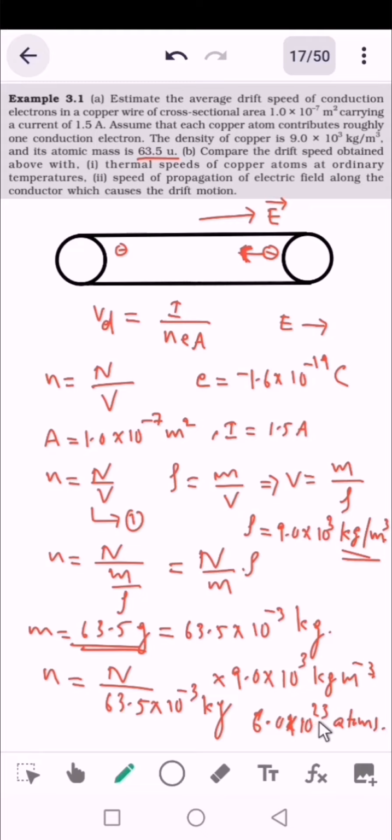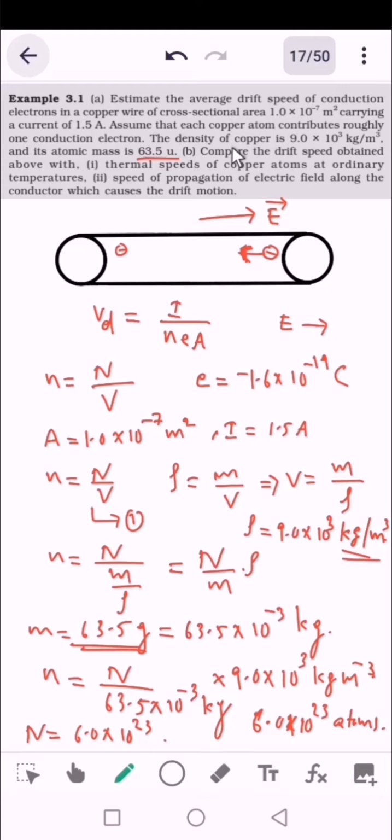So 1 atom will contribute 1 electron, which is the charge carrier here. So how many charge carriers will be there? What is the total number of charge carriers contained in this 1 mole of copper? It will be 6.0 into 10 raised to 23. You know how? Because it is in the question that one atom gives one charge carrier, one electron.